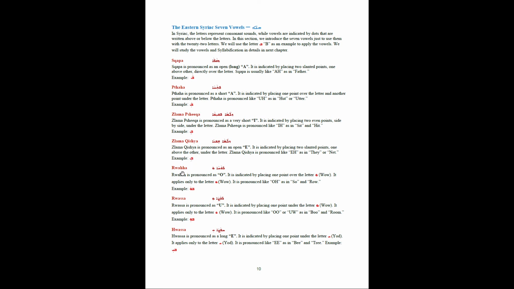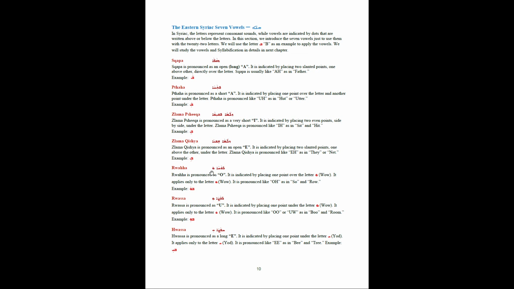Rwaha. The following two vowels, Rwaha and Rwasa, are derived from the letter Waw. By putting one single dot above the Waw, this is not a letter anymore, it's a vowel.